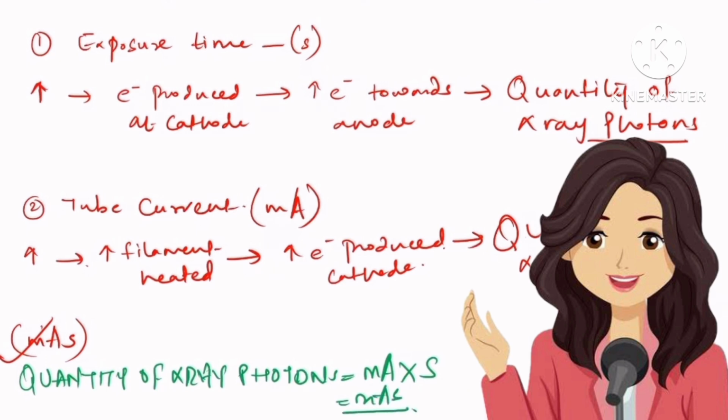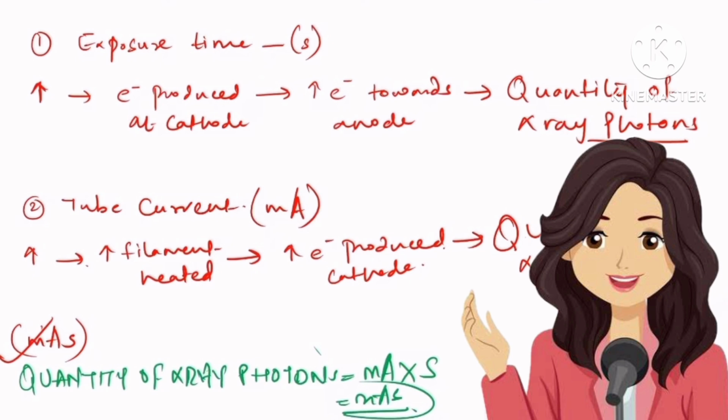But if they have not given MAS in the options, you will go for either exposure time or MA or tube current. They'll give you one of the options, not both. So tube current will be the ideal answer in those situations. But if they have given MAS, then you will mark MAS.